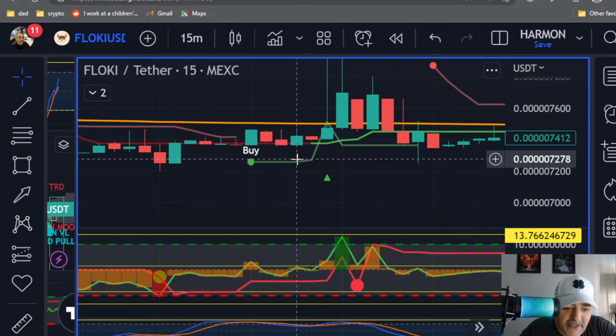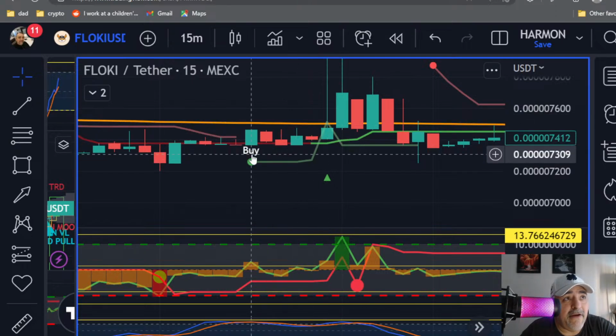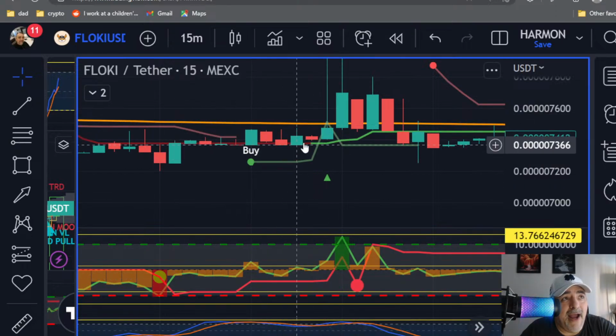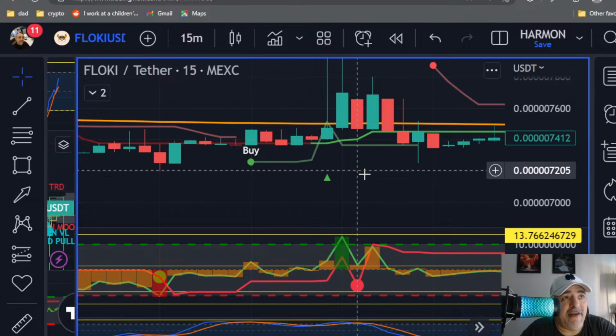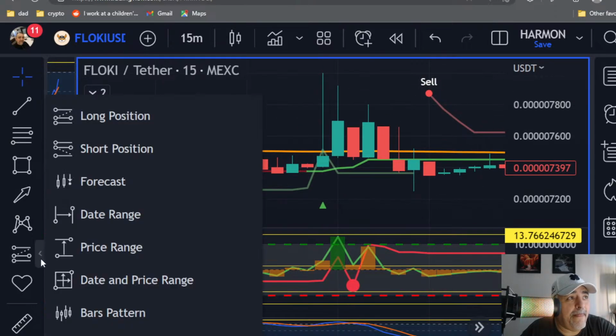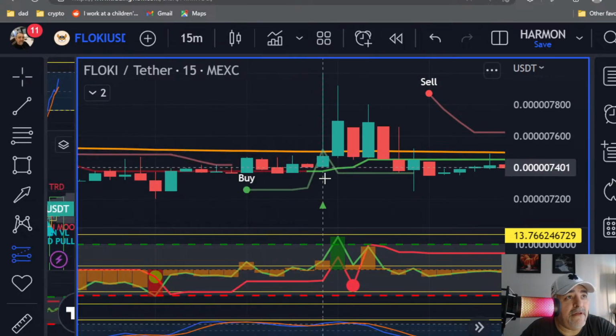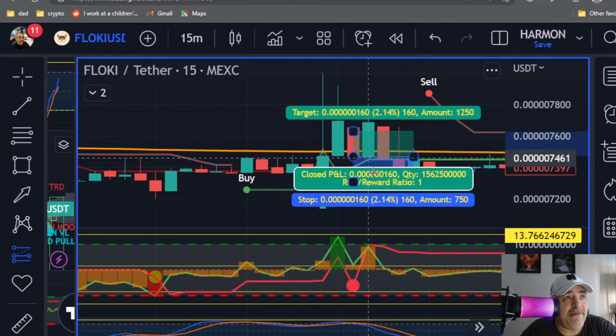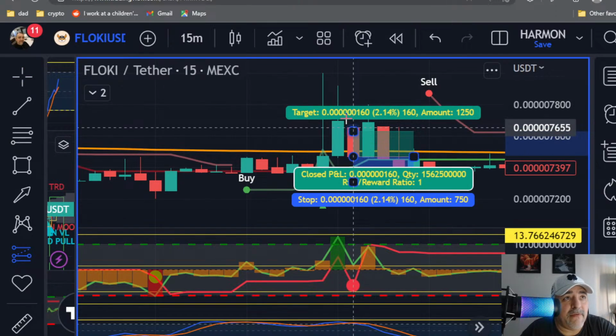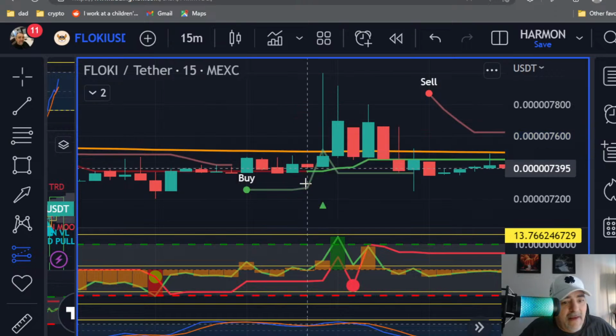Green moon, buy, trend. Moon, buy, trend, 5%. So normally these moves right here, moon, buy, trend is 5%. Let's see what this is. Moon, trend, buy, 5%. 2%. So, I mean, we'll put it down.